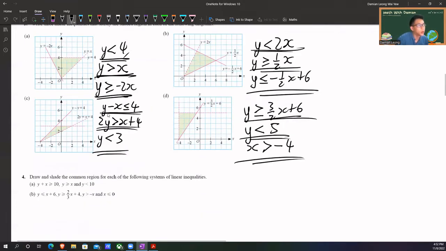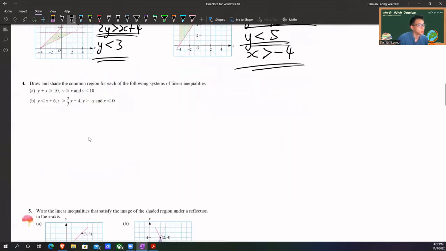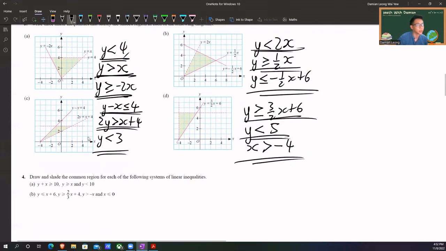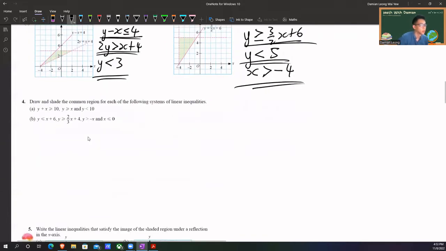Question 4. Draw and shade the common region for each of the following system of linear inequalities. Draw and shade. Okay. So basically you just need to sketch it out. So usually when we sketch out, we want to have the x and y intercepts. So in this case, if x is 0, y is 10. If y is 0, then x is 10 also.